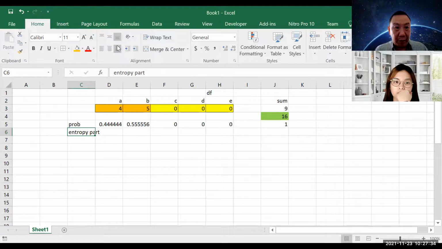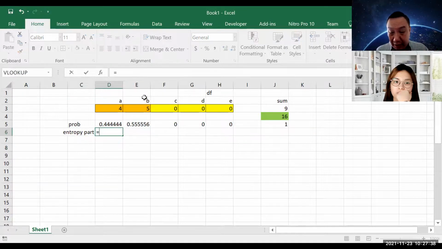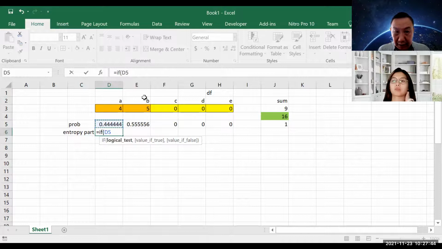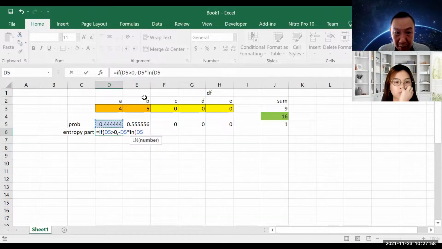And then I will calculate what is called the entropy part. The entropy part is, for each of these probabilities, if the probability is larger than 0, then I calculate minus that probability multiplied by the ln of that probability.